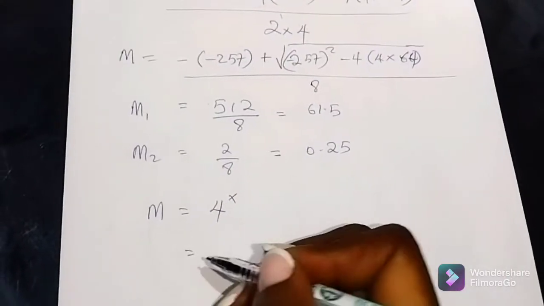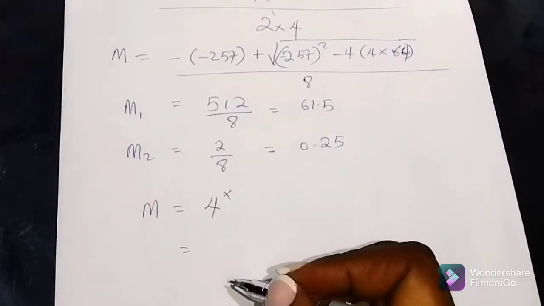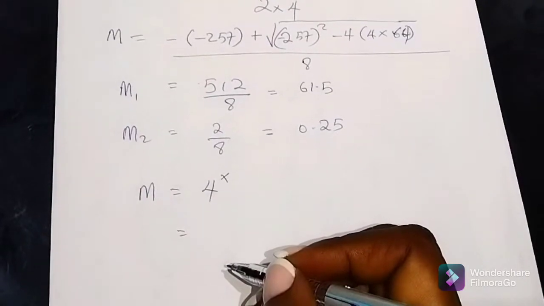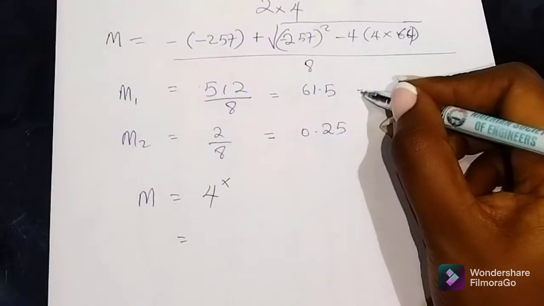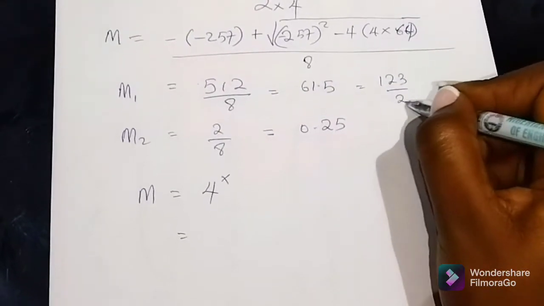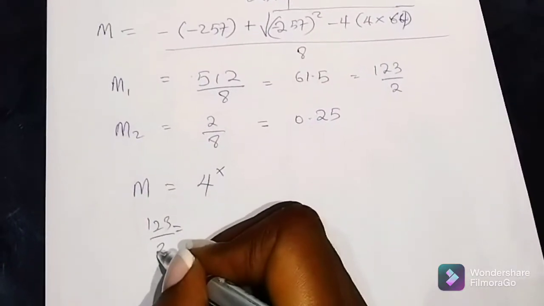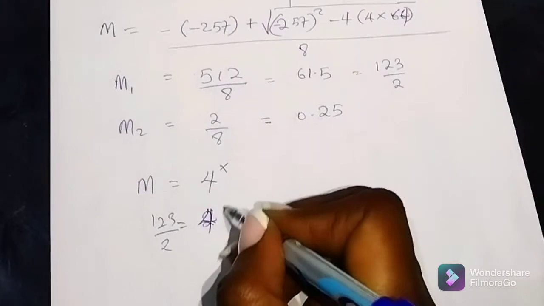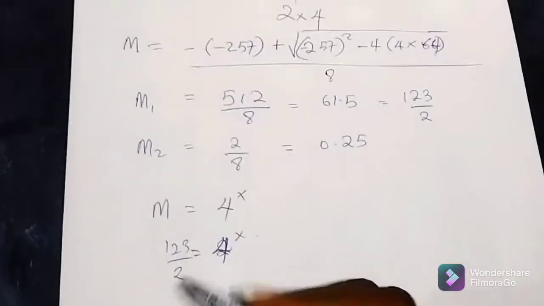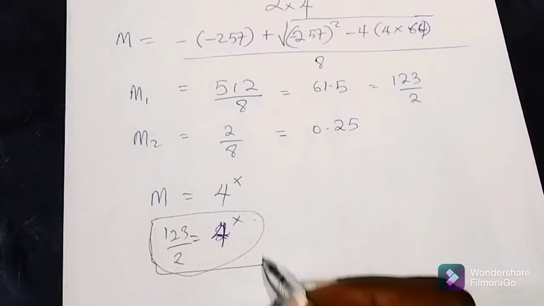Let's try out the first value, 64, representing 4 raised to the power x. Looking at it already, it looks like it's not going to be possible.